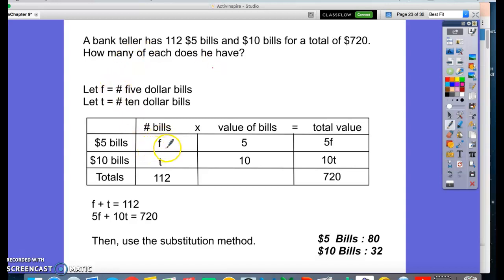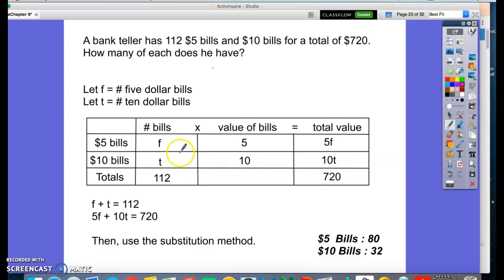So for $5 bills, let's say he or she has F number of $5 bills, and for $10 bills, again we don't know, that's our variable, that's T. And the value of a $5 bill is 5, so the total value will be 5F, and for $10 bills the value will be 10, so the total value will be 10T.